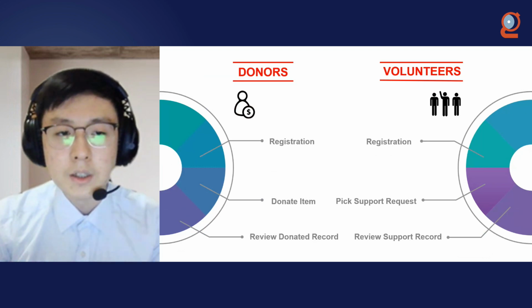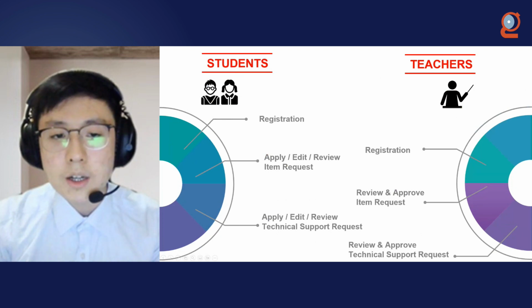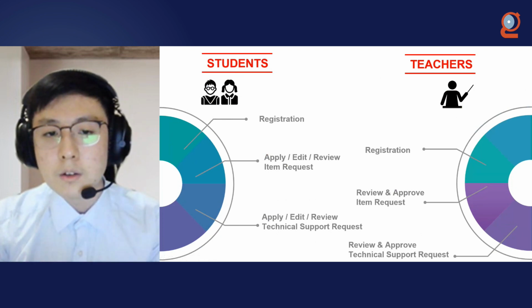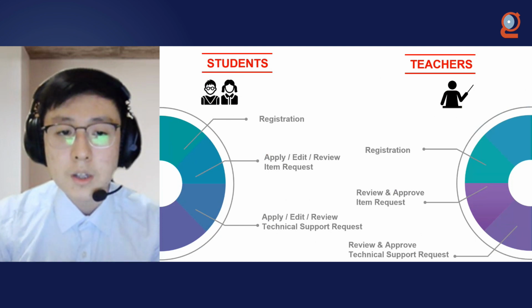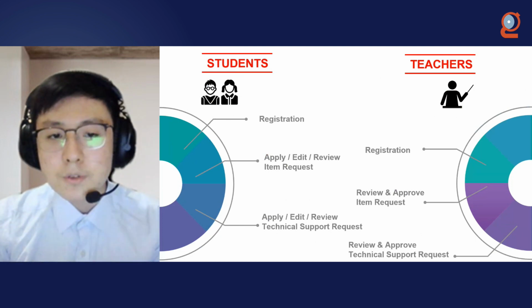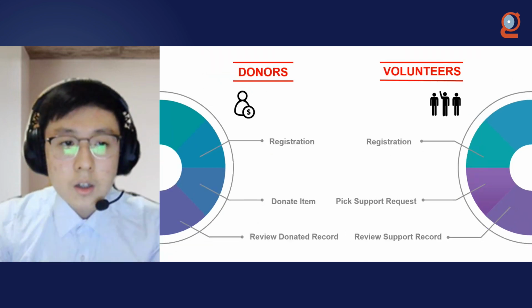To make the donation process effective, the page will display three major parts for the teachers to understand the details of the function: registration, approve the student account, review and approve item requests. Okay.